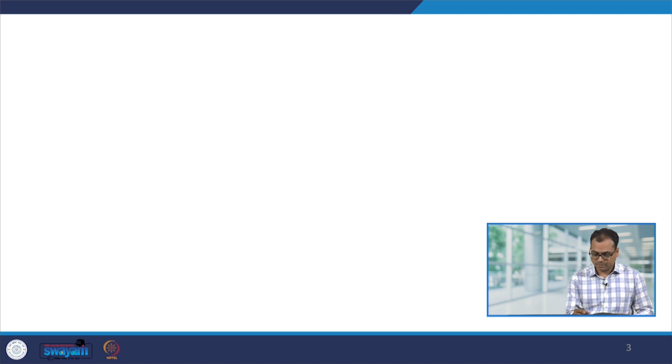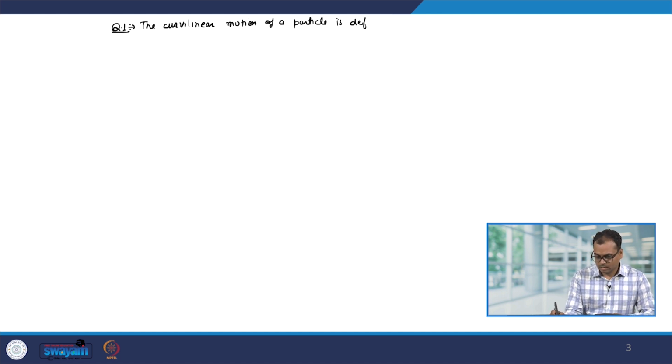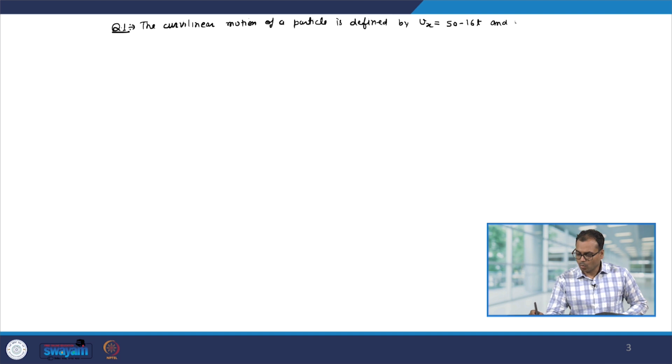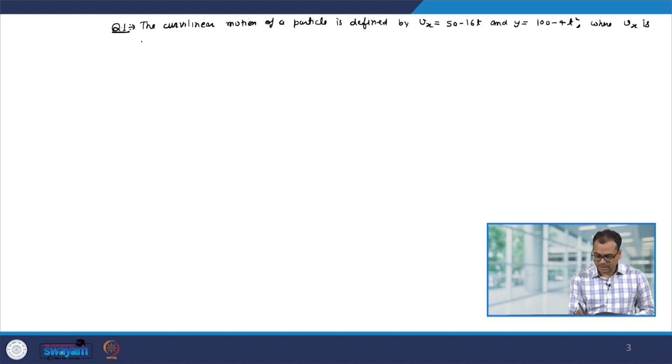So, the first problem statement is the following: the curvilinear motion of a particle is defined by Vx equal to 50 minus 16t and y equal to 100 minus 4t square, where Vx is in meter per second, y is in meter, and t is in seconds.